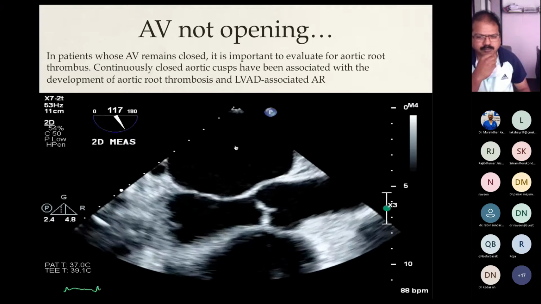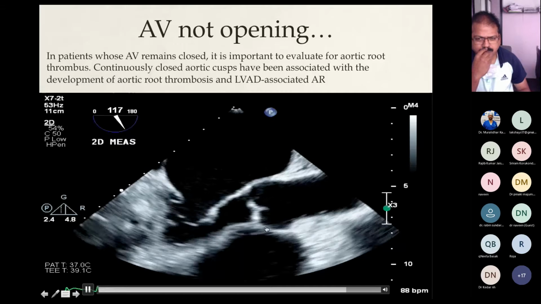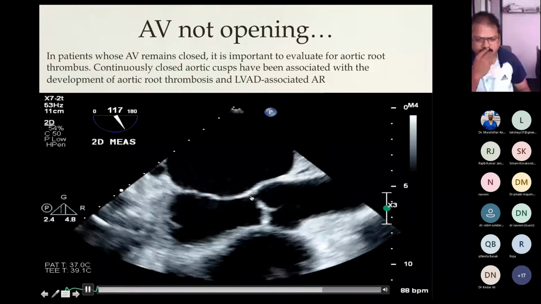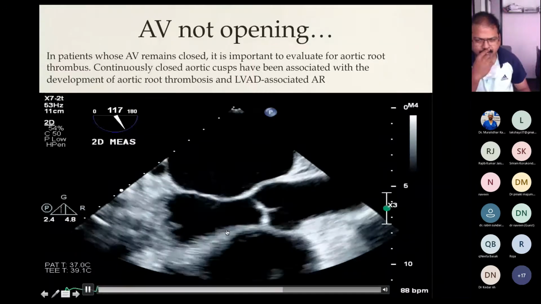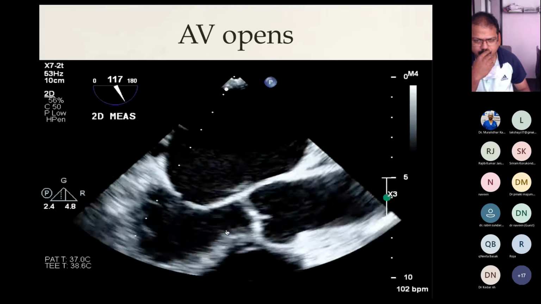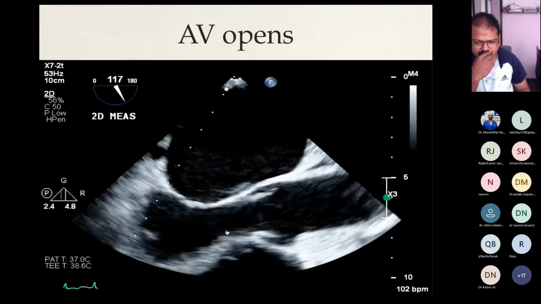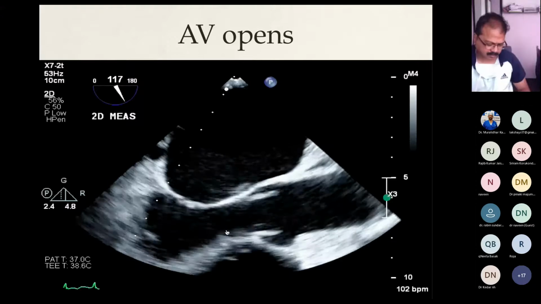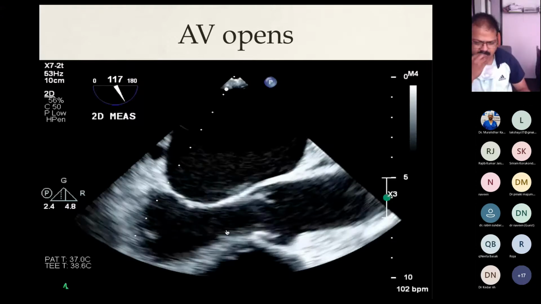That means the patient is completely dependent on the LVAD flow, and the LV has hardly got any ejection. The problem in this case is that there is a chance of aortic root thrombus, as I told. So at least some aortic valve opening should be there, and that should be intermittent. But in this case, the aortic valve is opening very frequently. That also should not happen. So it should be intermittent aortic valve opening.